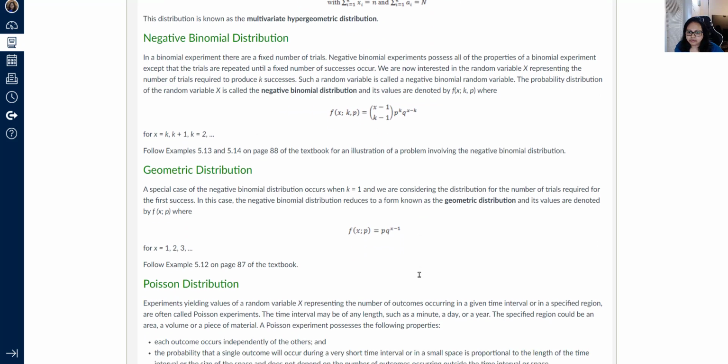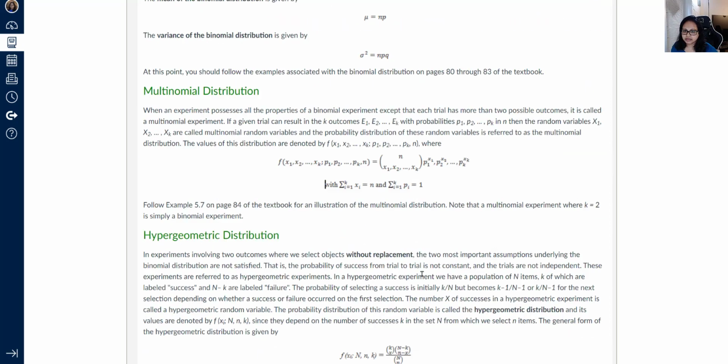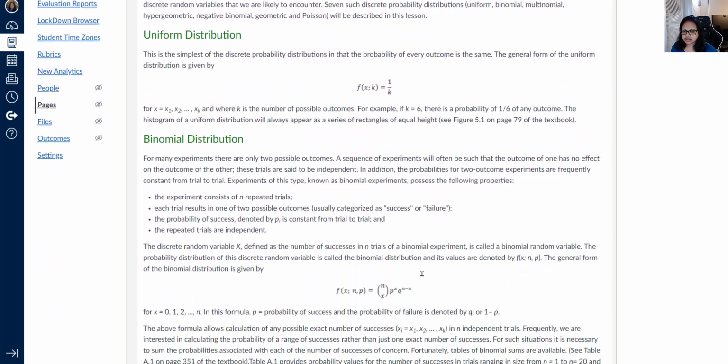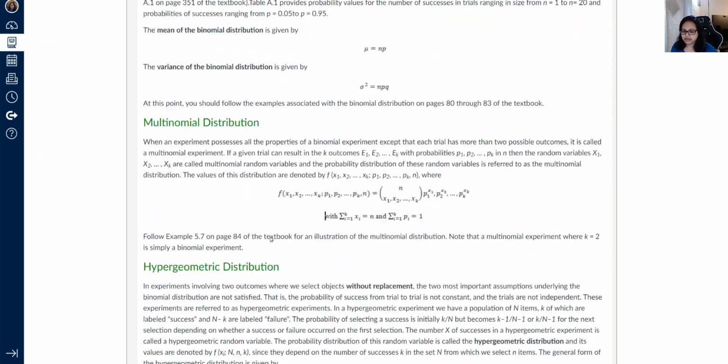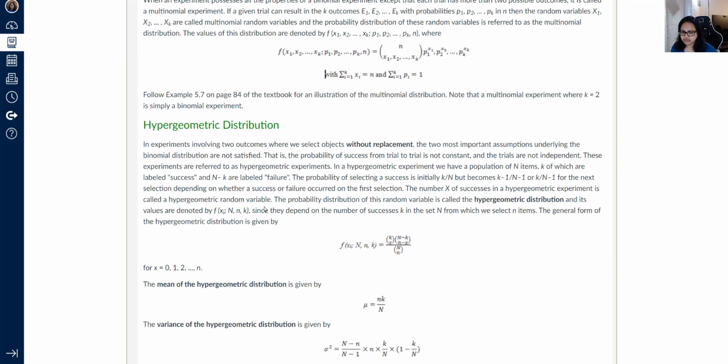Okay, so next we will be talking about the negative binomial distribution. All I'm trying to do is give you an idea in what situation we can say this is the distribution that we need to follow. I already talked about the binomial distribution, the multinomial distribution, and the hypergeometric distribution.